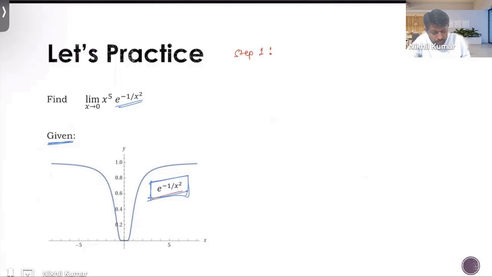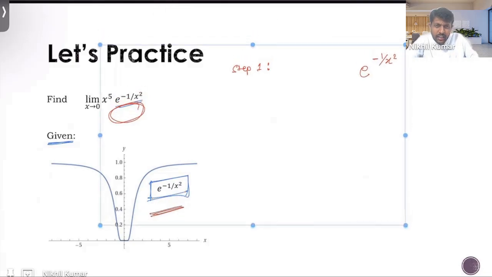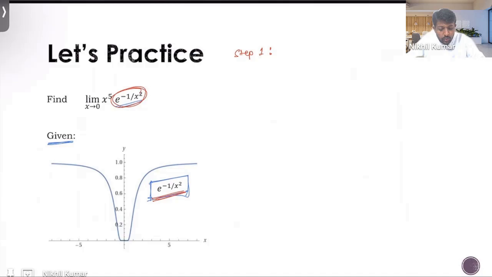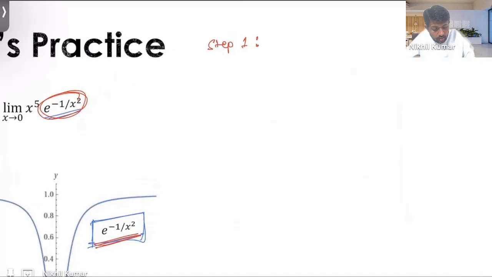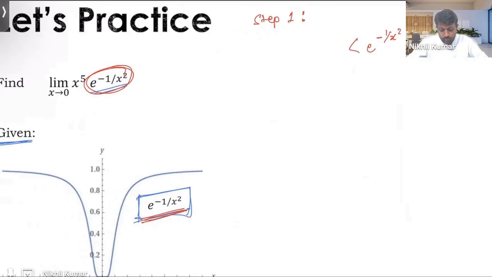Since the graph of this function, this part is given to us, can I say e to the power minus 1 upon x squared lies between two quantities, lies between something? Can I say that? So, can I say that e to the power minus 1 upon x squared lies between some quantities? Can I say that? Look at the graph and tell me if you're able to figure that out.